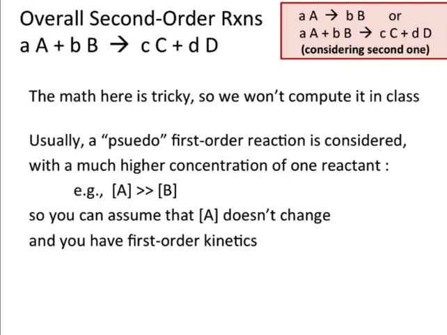And so often what you can do to investigate these types of reactions experimentally is set up the conditions so you have a pseudo first order reaction where you have one reactant with a much higher concentration than the other, and so over some change in reactant concentration, you can assume that the change in A, for example, is much, much smaller percentage-wise than your change in B. So in effect, A doesn't change over the reaction, whereas the concentration of B does, and so you can pretend that this is first-order kinetics.